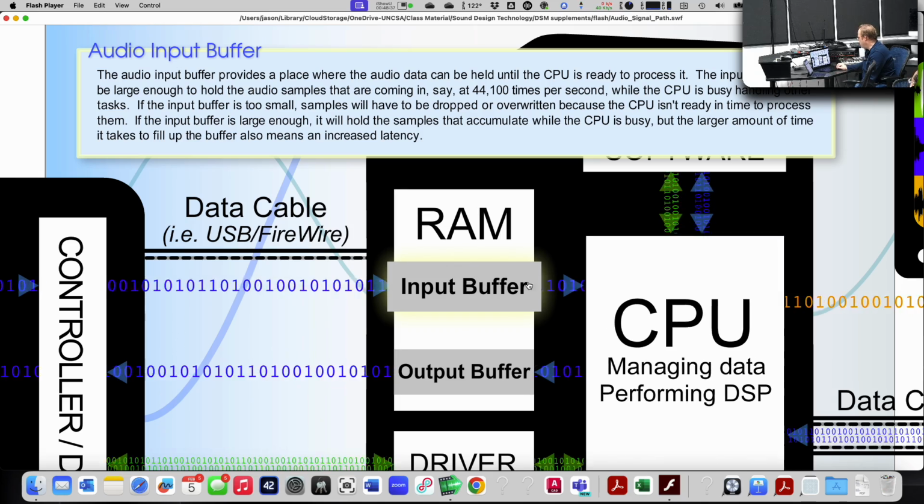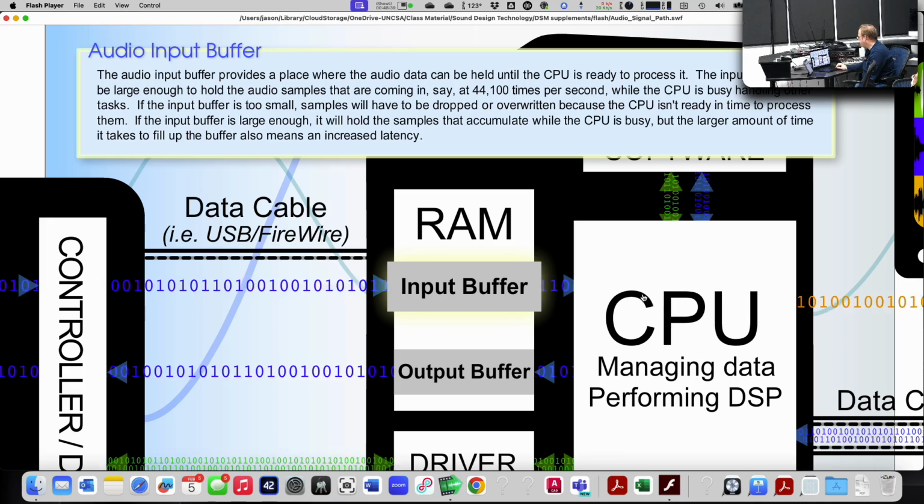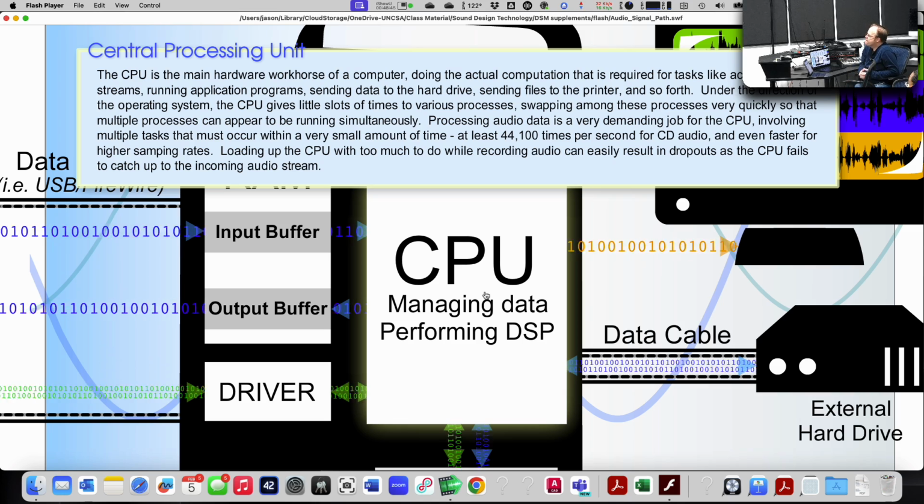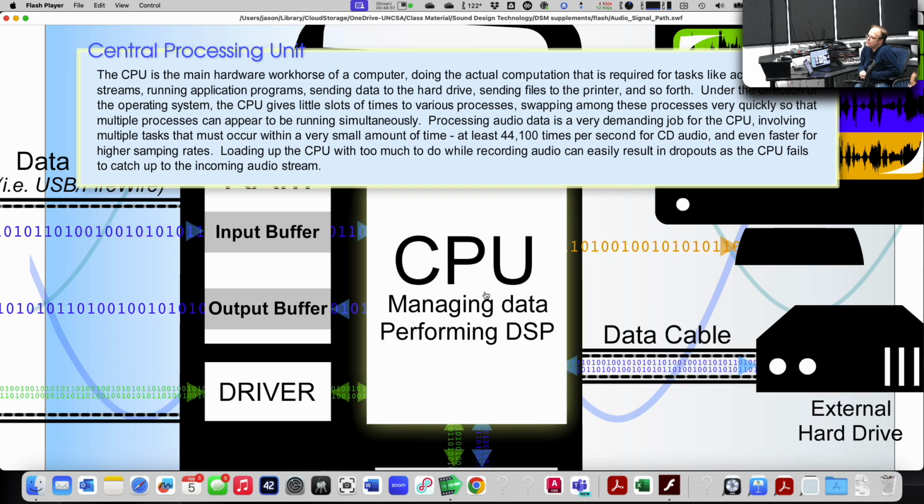So when the CPU is ready for it, it pulls it out of that buffer and does whatever work it wants to do. Yeah? Is this a situation of an it depends, or is there a good size for your buffer to be? I know a lot of things default to certain sizes. When you're recording, you want it as low as you can get it.